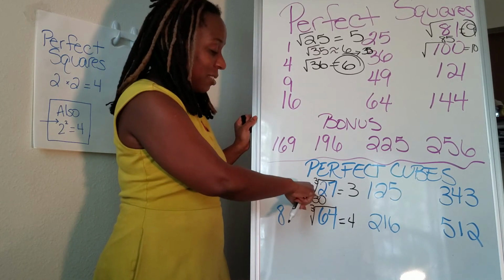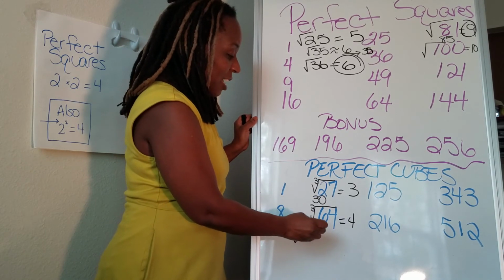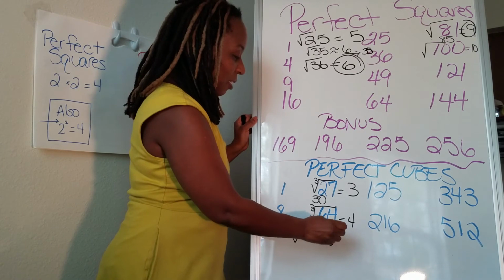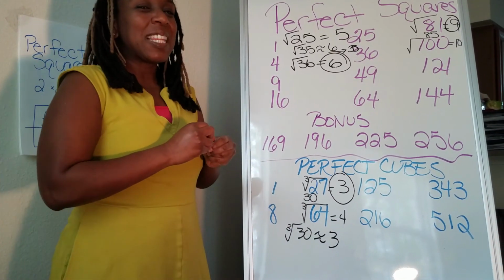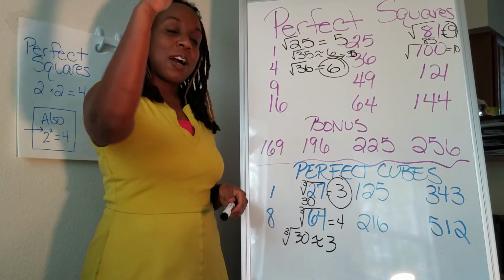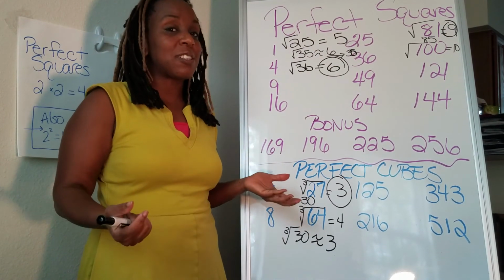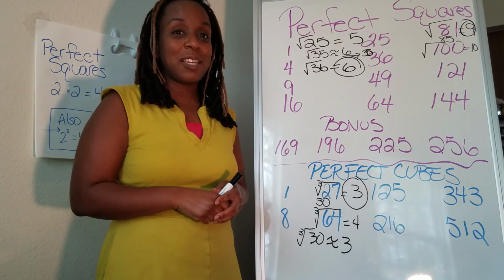So what that means is that the cube root of 30 is going to be approximately, we're going to squiggle it, approximately 3. Like maybe a little bit more than 3, but not a lot. So it's going to be approximately 3 if I had to round it to the nearest whole number. And that is how we approximate square roots.